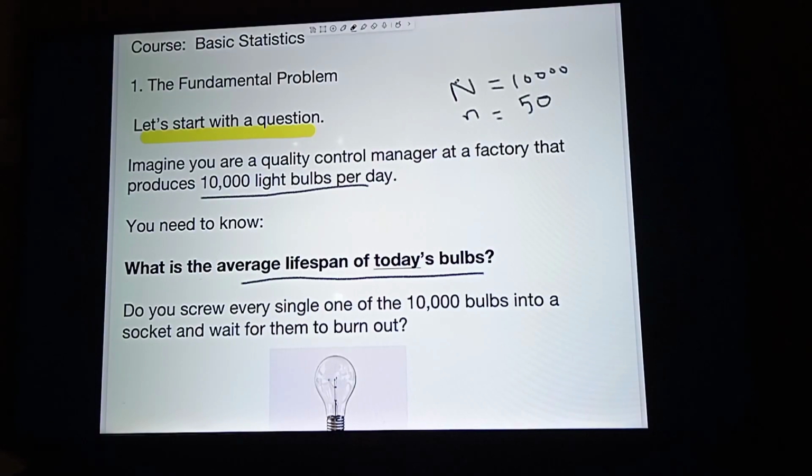Now the numerical value calculated from the population is called a parameter, which is denoted with mu, like this.